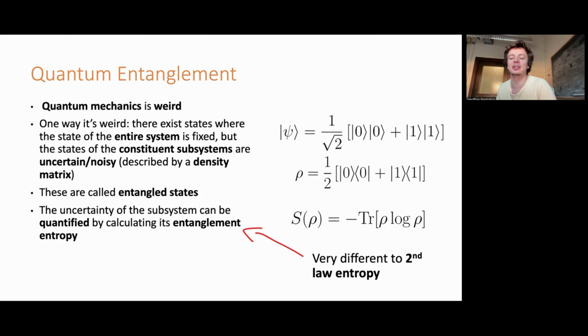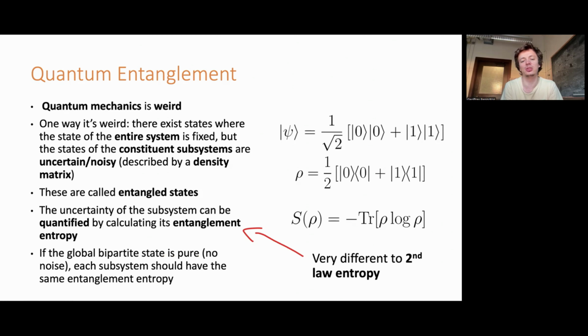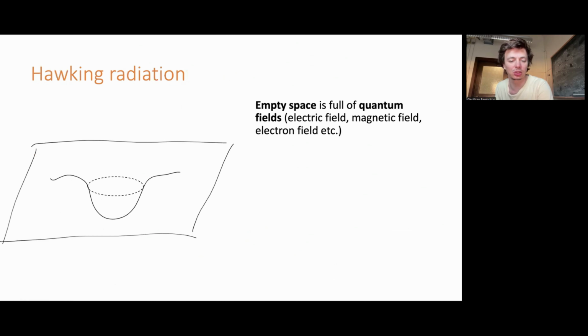And the final fact we're going to need later in this talk is that if you have a global state that is built out of two subsystems, and the global state is not noisy, it's pure, described by some state vector psi, then each of the two subsystems needs to have the same entanglement entropy. Okay, it's an easy result to prove.